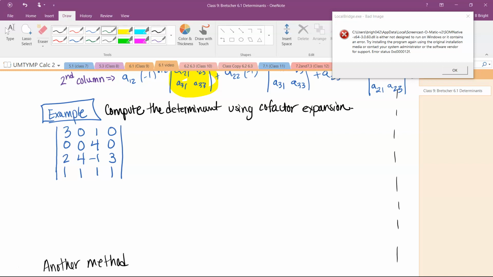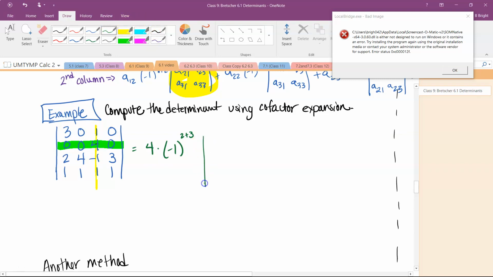Okay, if you were careful, you might have noticed that the second row has 3 zeros. Pick as many zeros as you can just to make your life easy. So what I'm going to do is say that this is going to be equal to, again, the cofactor expansion, you can pick any row or column, so I'm going to say this is 4 times negative 1, and this is in the second row and third column, and then I'm going to also eliminate the row and column corresponding to this.